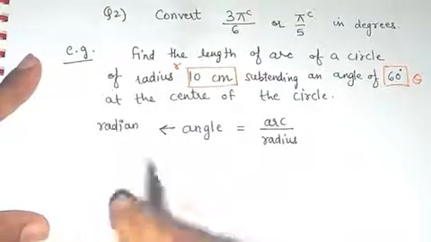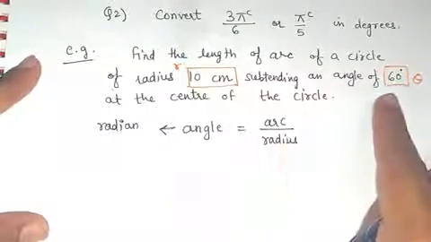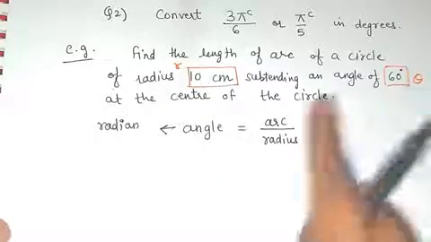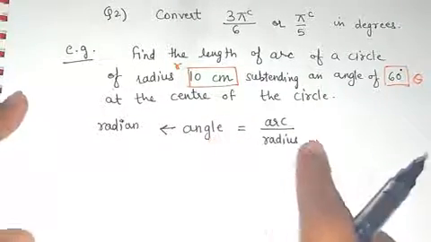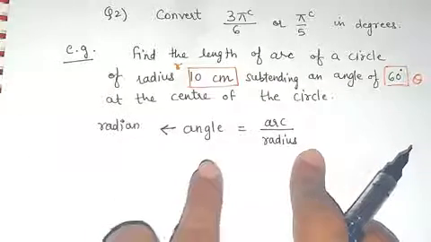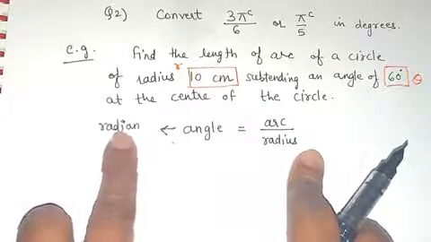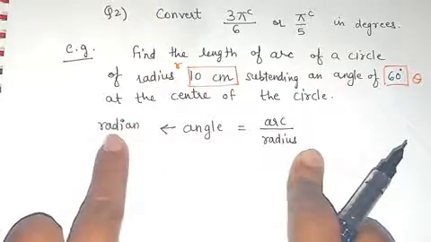So it will not be given in the exam that you have to convert the given angle in radian. That is your duty, that you should know the fundamental application of this formula, that for application the angle should necessarily be converted or represented in radian.